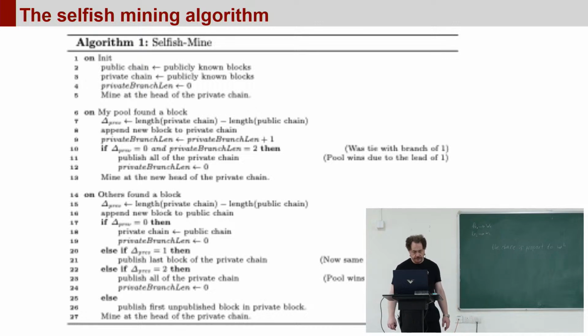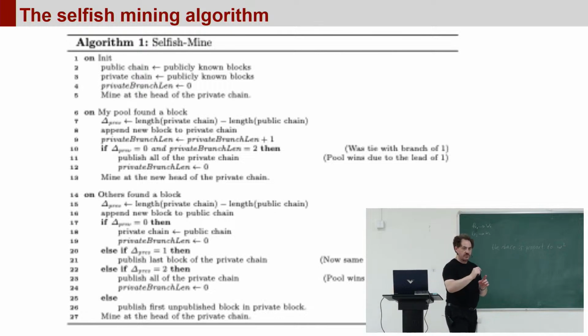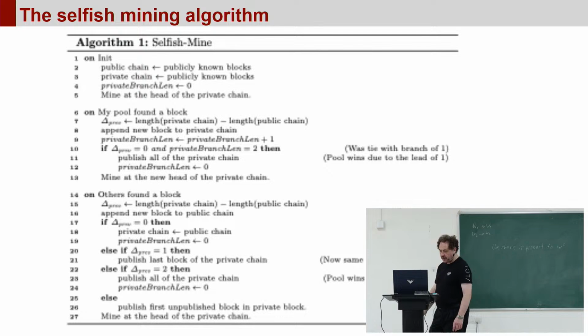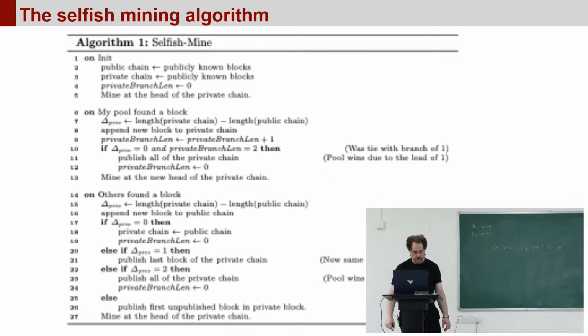And then I am looking at the delta, and if the delta is 0, so now the delta became -1. Now the public chain became longer than the private chain. In this case, I simply adopt the public chain and start mining on top of the private chain, which is created from the public chain.